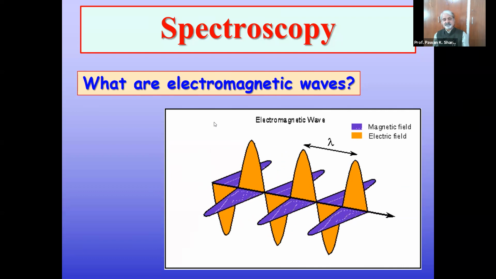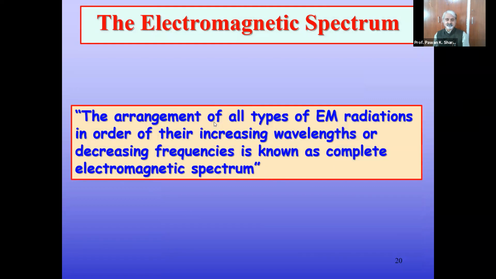And if we say electromagnetic wave, then we also come across another terminology, what we call the electromagnetic spectrum. So what is an electromagnetic spectrum? Basically, spectrum means everything together. You see the arrangement of all types of electromagnetic radiations in whatever order.